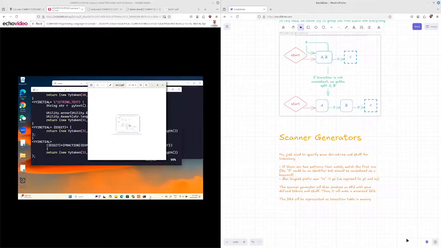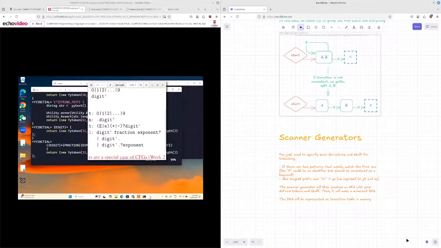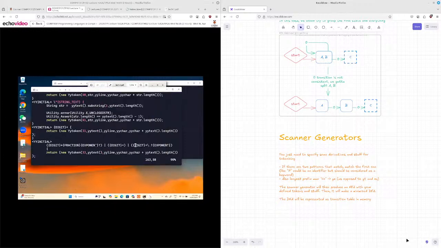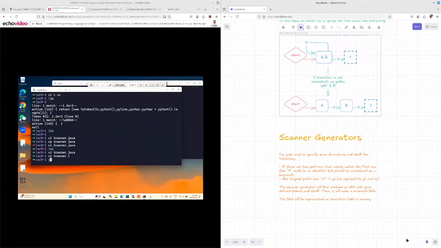Okay. So you can see, that's the first one, second one, third one. First one, second one. Now, that's it. So now you just run a scanner generator.